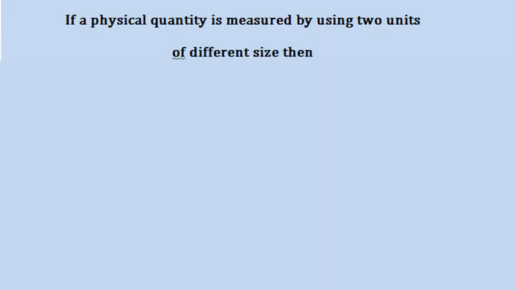If a person measures a physical quantity by using two different units of different size, then the magnitude of the physical quantity remains unchanged and the numerical value becomes inversely proportional to the unit used.